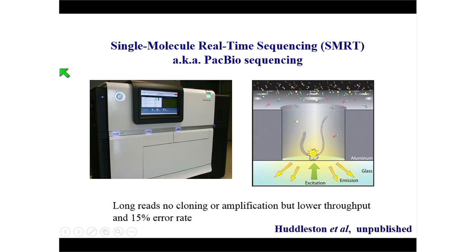By diffusion, long native DNA molecules diffuse into the zero-mode waveguide. Then phospholinked nucleotides come in, and as they are being incorporated, they are excited by lasers and emit fluorescence as they're being held at the bottom of that zero-mode waveguide.